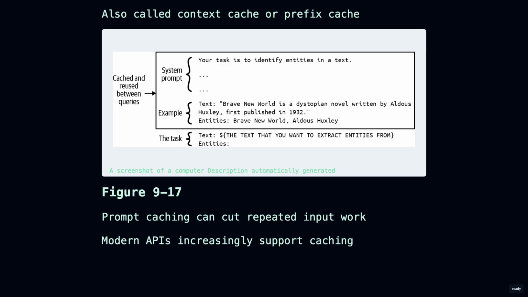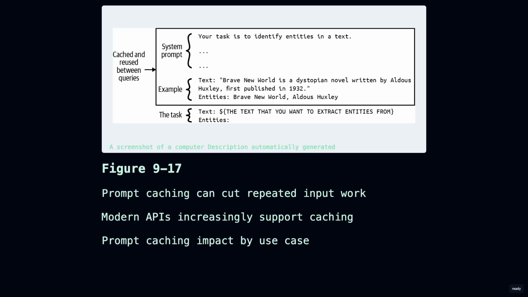The exact savings vary, but the general pattern is consistent. Lower repeated input cost, lower latency, and some extra storage costs for the cache itself. This table shows that the benefit depends on the workload. The larger the shared context, the bigger the savings in both time to first token and total cost.